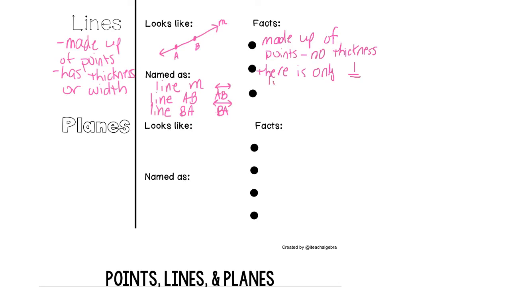Underline that, one line through any 2 points. Only one line exists between 2 points. And when lines intersect, it happens at 1 point. Okay? 3 things you need to know about lines.